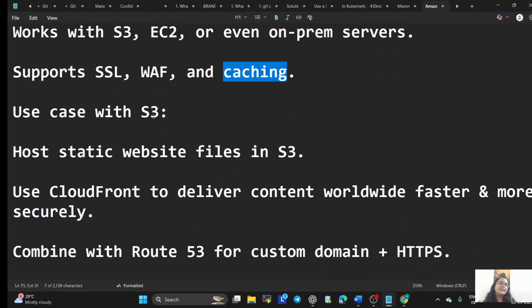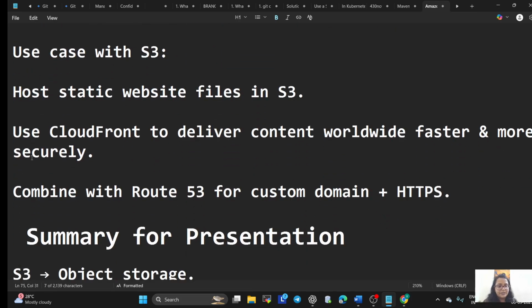Now the use case with S3, how we can correlate it with S3. We have to understand this. Host static website files in S3, and we can use CloudFront to deliver content worldwide faster and more securely, combined with Route 53 for a custom domain plus HTTPS.